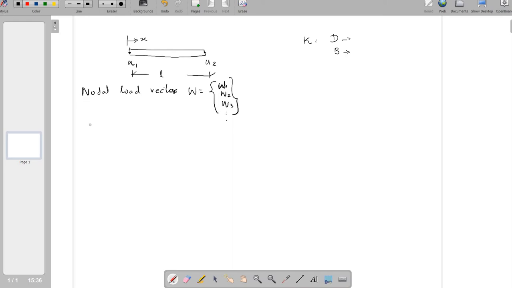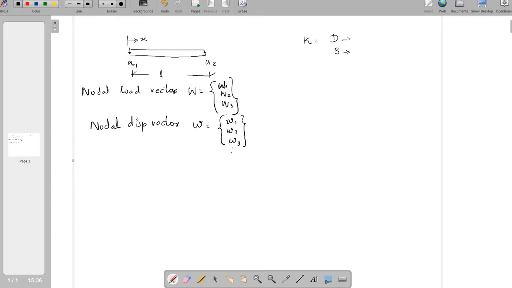Similarly, the nodal displacement vector, small w is small w1, small w2, small w3, and it goes on continuing depending upon the nodal points.